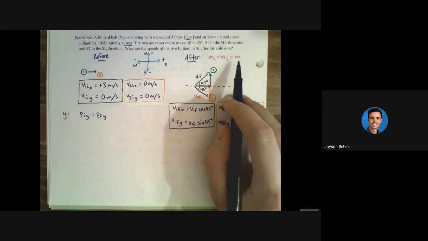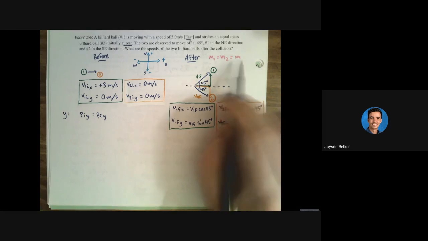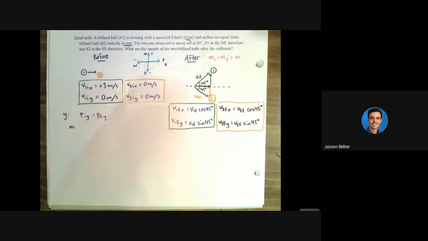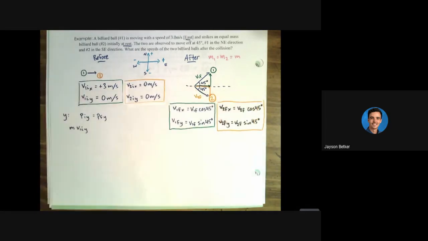Momentum is equal to mass times velocity. I'm just going to use m because they're all equal to each other. So rather than confusing myself, I know that all the masses are the same. So I'm just going to say m times V1IY, the initial velocity of ball number 1 in the y direction.